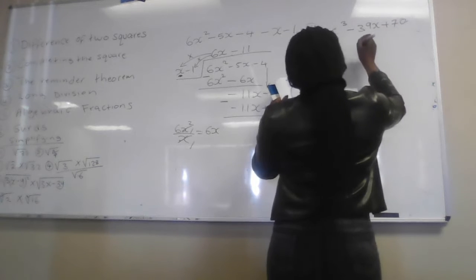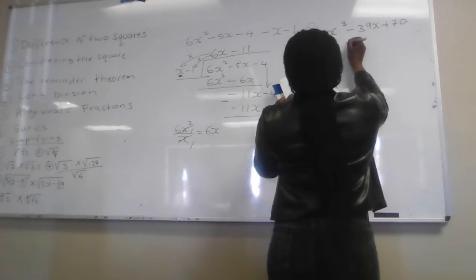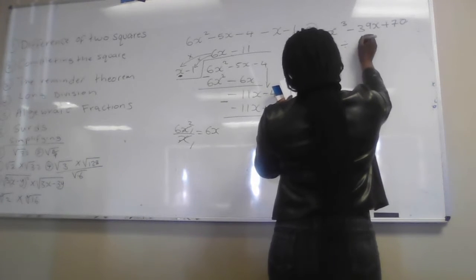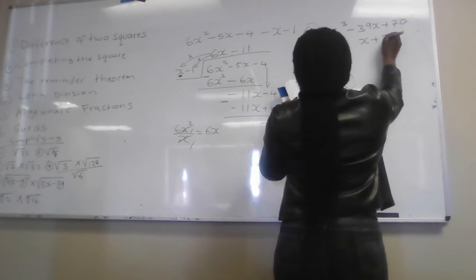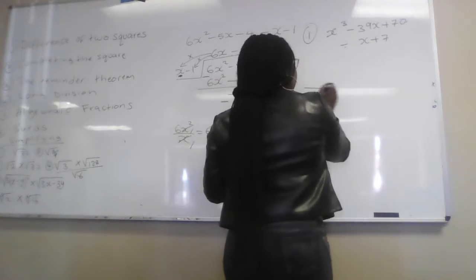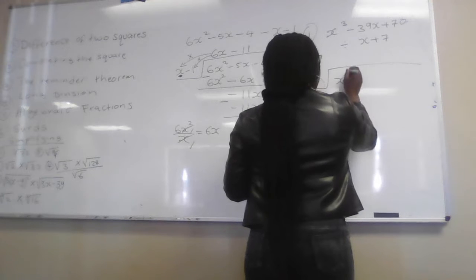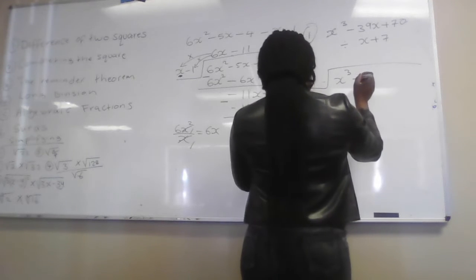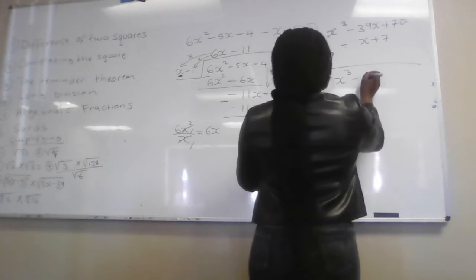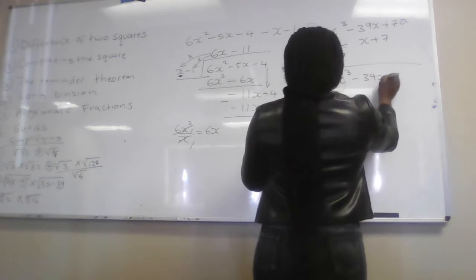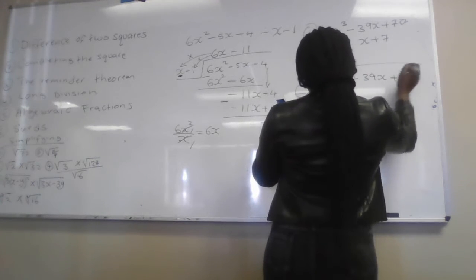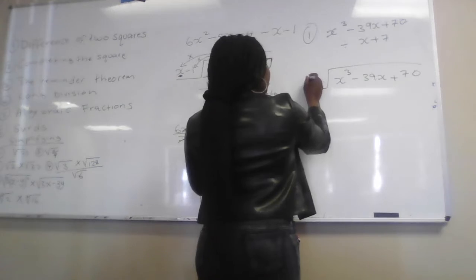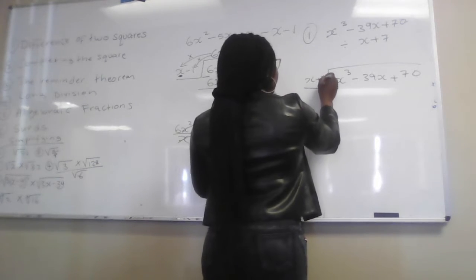But I'm taking this from remainder theorem. It's fine. We'll see if divided by x plus 7. Let's try it. x cubed minus 39x plus 70. Then we have x plus 7.